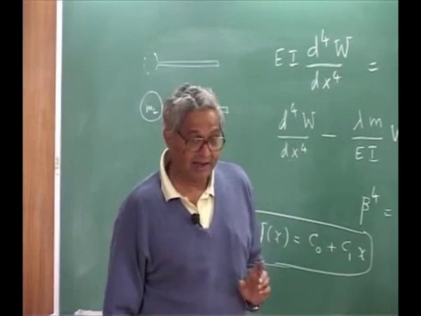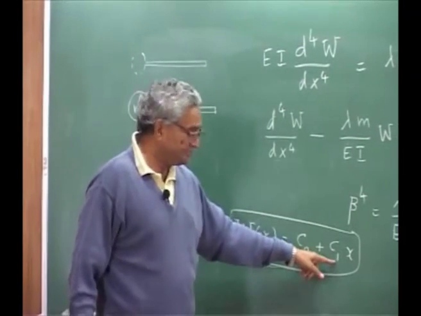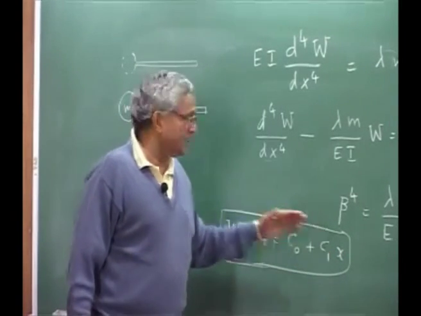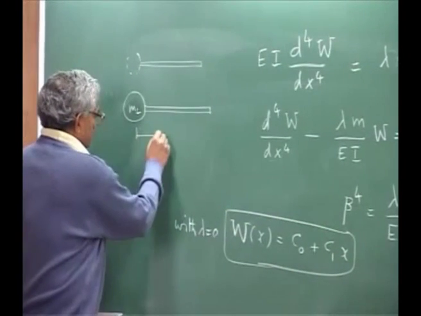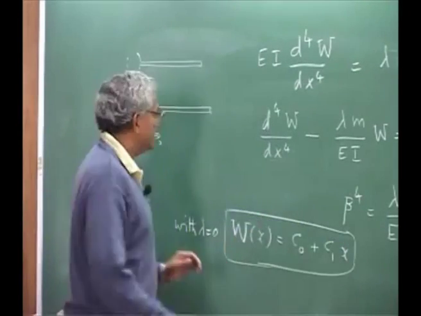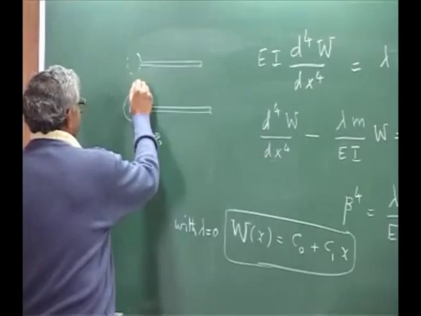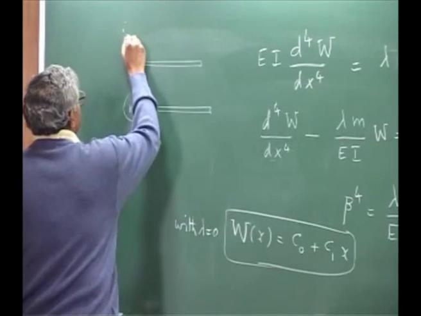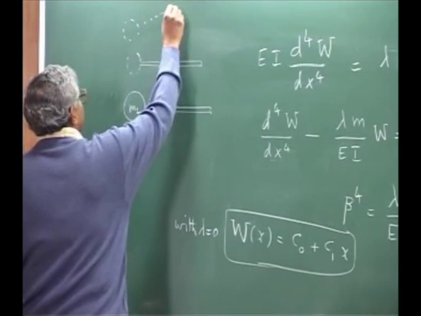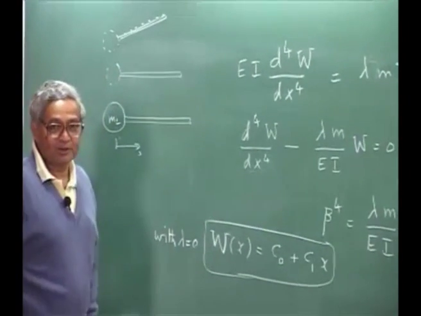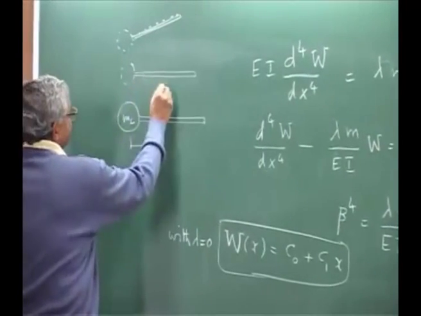Now the other one is C1 x, where C1 is a constant. As you go along x, the displacement is a linear function of x. That means I can have a situation where the mode shape can be like this. This is the rotation. This is translation.